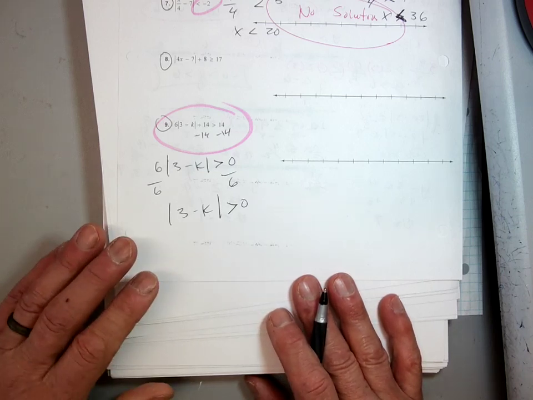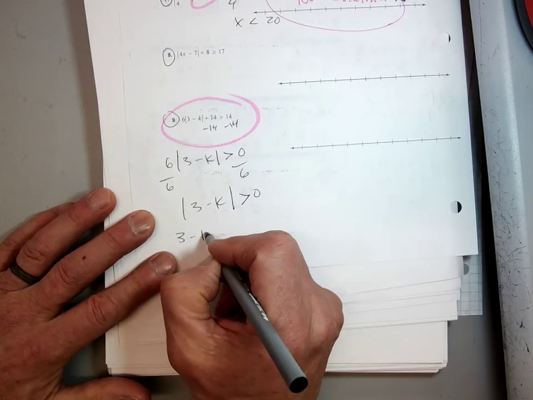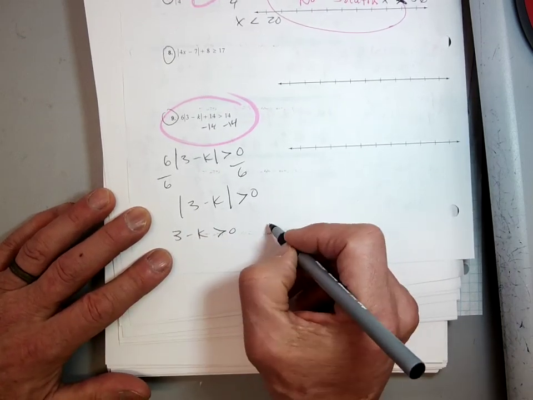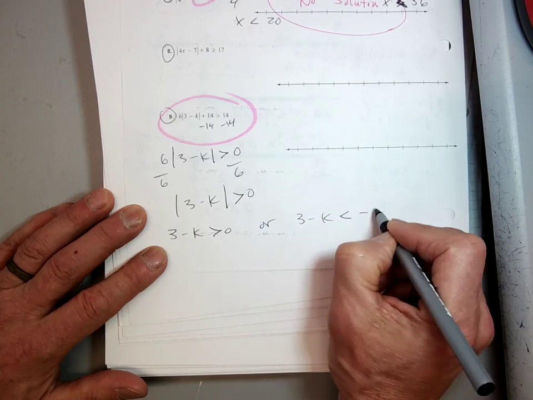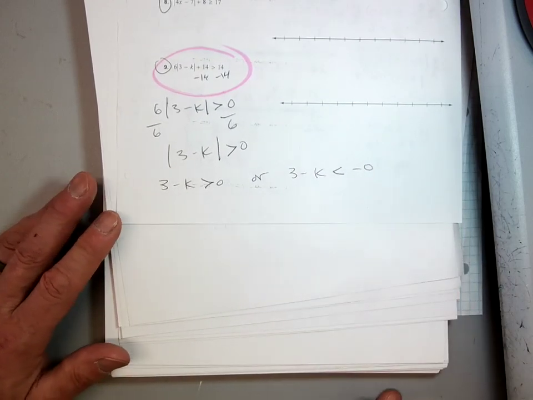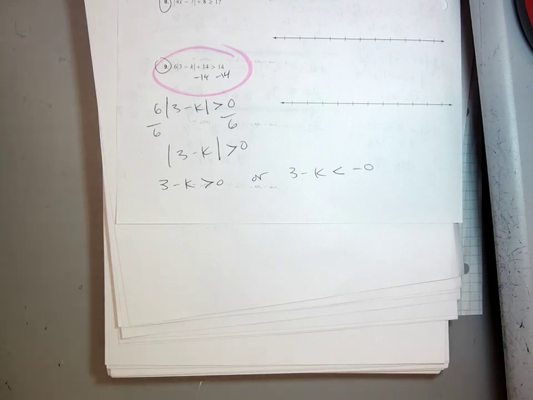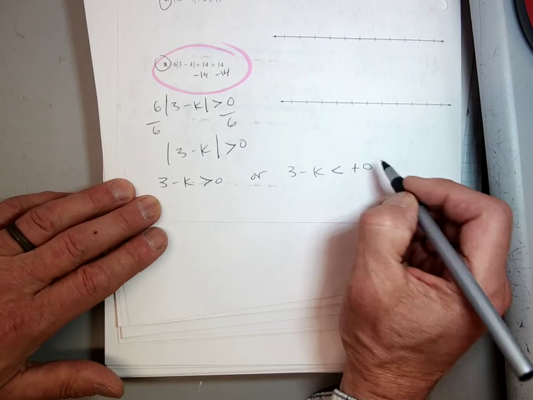I'm going to go 3 minus k is greater than 0, or 3 minus k is less than negative 0. Well, there is no such thing as negative 0, it's just 0. I agree with you, Will. Totally. Will's right. 0 is just 0. You guys okay with that?